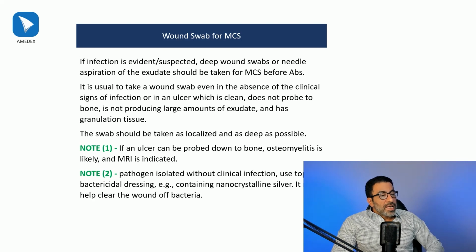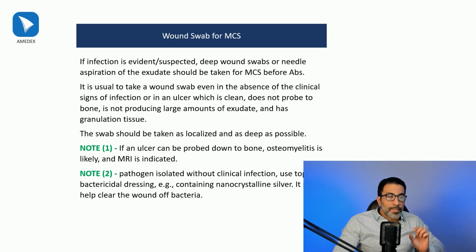Note 2 says that if we isolate a pathogen, like we do the swab and we have a bacterial growth, and we realize that we have just isolated bacterial species without having evident signs of infection, in that case, just to be on the safe side, we use bactericidal dressing, like things that contain nanocrystalline silver, or topical antibiotics, in order to clear the wounds of bacteria.